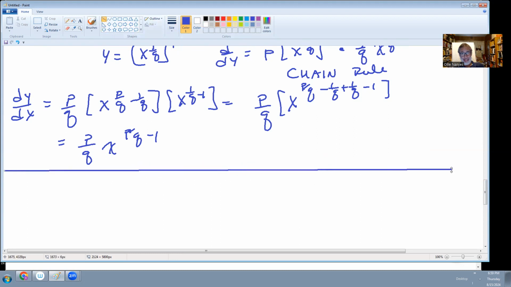So next. Now suppose y is x to the minus r, where r is rational and positive.